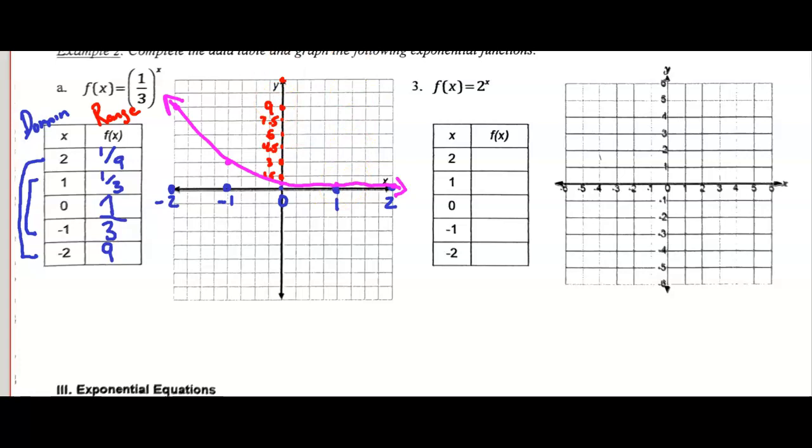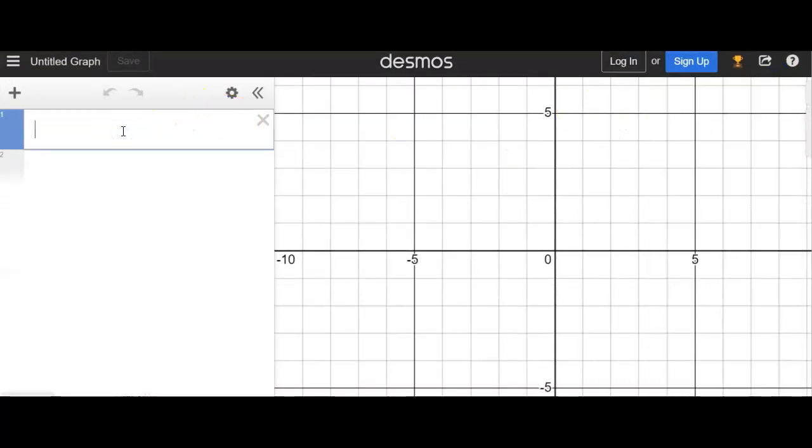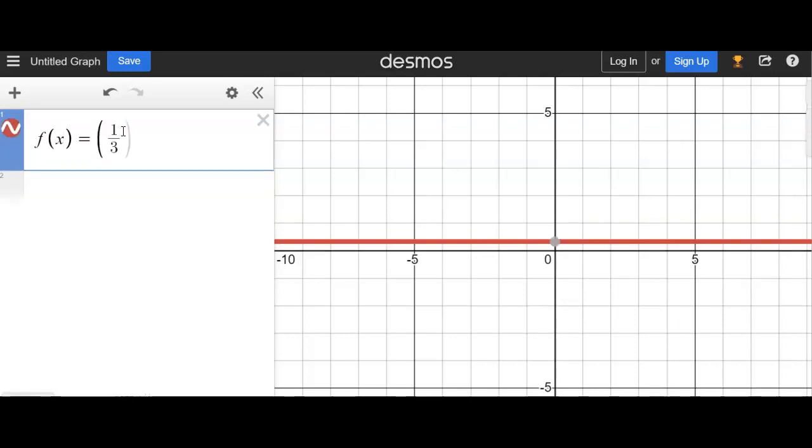And a lot of people would say your first stop for graphing would be Desmos. Right? So if you can't remember something about graphing, you can always pop over here and just type, was it 1/3? Yeah, 1/3 to the x.